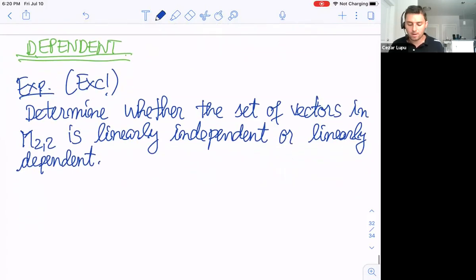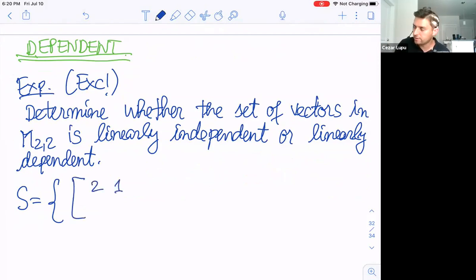And the set is given by the following. I'm going to denote this by S. By the way, don't confuse the set S and the system S. They are two different things. Maybe I shouldn't have written the system with S, but you understand S in parentheses is the system. S without anything is just the set. So the set is 2, 1, 0, 1.